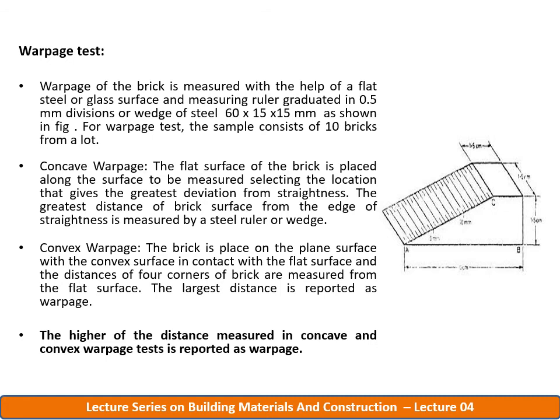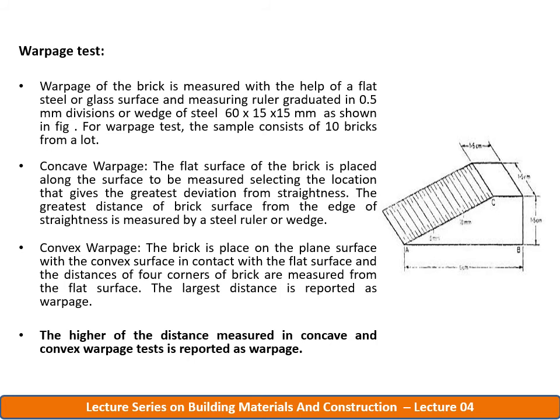So the warpage is measured in two types based on the physical characteristic of the brick. First one is the concave and second one is convex. In concave warpage method, the brick is rested on the surface. After that, the distance is measured from one corner of the brick to the point where concave deflection of the brick starts.